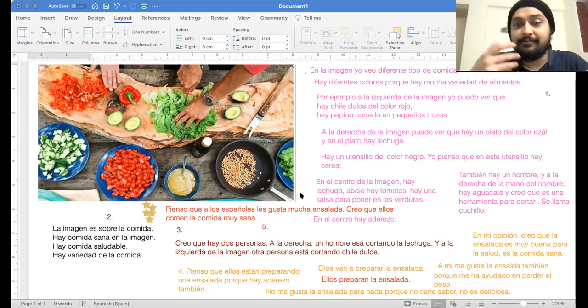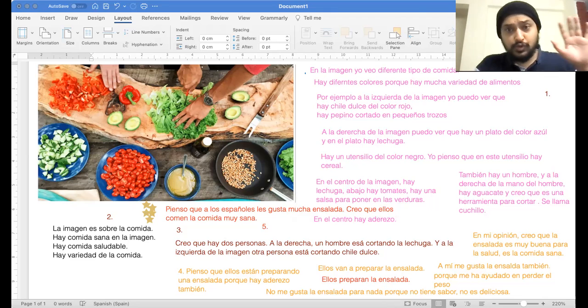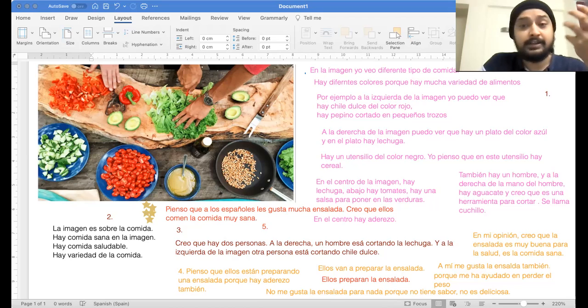Podemos hacer variedad de ensalada, ensalada de fruta, ensalada de verduras, muchas cosas. So there are different things that you can mention and add into the cultural element. If you explain any image in these 5 points, it will be wonderful. So that's about the first 2 minutes.